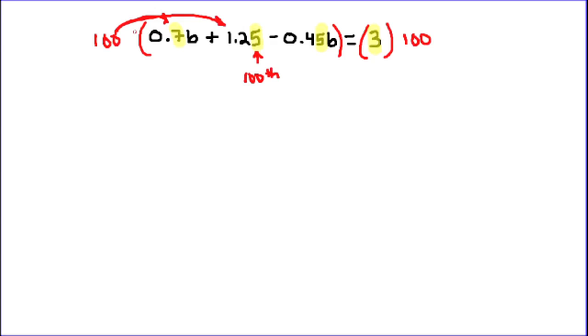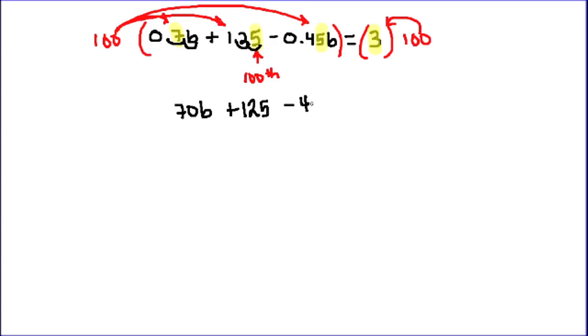Multiply, multiply, multiply, a big distribution step, and the same thing over here. 100 times 0.7 is 70. Another way to think of it is I'm just moving the decimal 2 places to the right, plus 125 minus 45b equals 3 times 100 is 300.